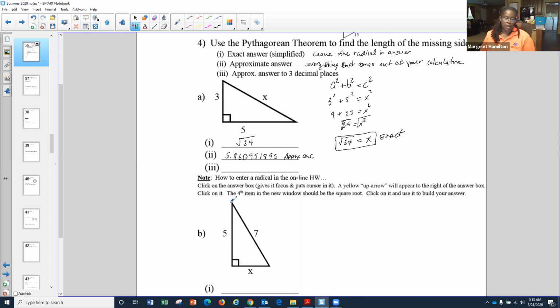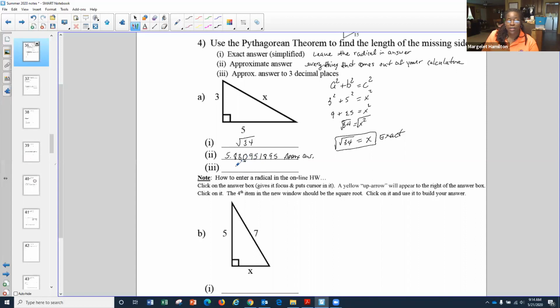All right, but now they want us to round our answer to 3 decimal places. So rounding it to 3 decimal places, remember, we're looking at our 3rd decimal place, which is right here with this 0. Looking at the number right behind it, if it's 5 or higher, we have to round up.